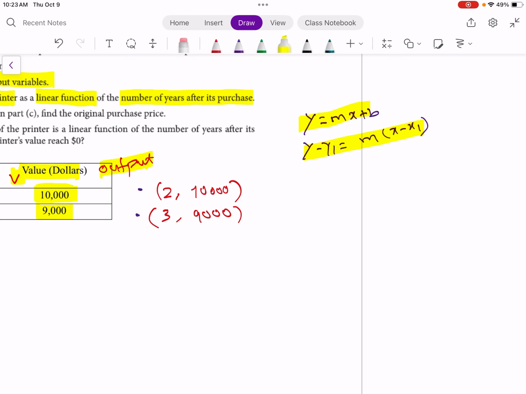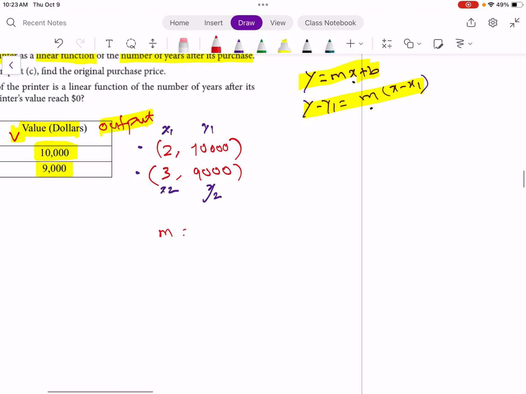In both cases, we always need the slope of the line. So let's find the slope of the line connecting these two points. Let's call this x1, y1, and this x2, y2. Our slope m is y2 minus y1 divided by x2 minus x1.